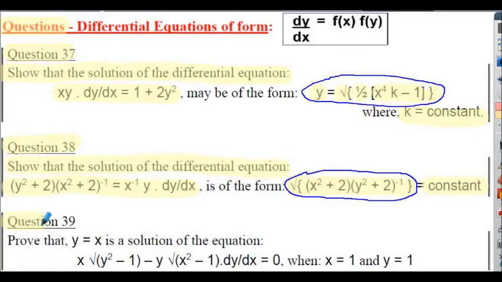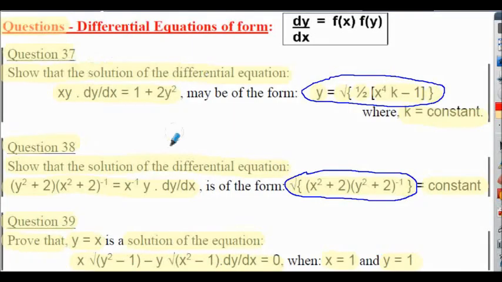And question 39, this time we're asked to prove that y is equal to x is a solution of the equation stated here, given the initial condition that x is equal to 1 and y is equal to 1. We have to prove that y is equal to x. So in question 39, we'll be able to derive a particular solution. There's no constant in the final solution.